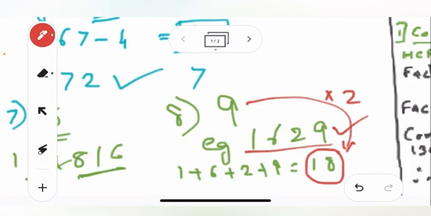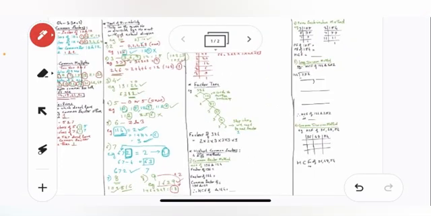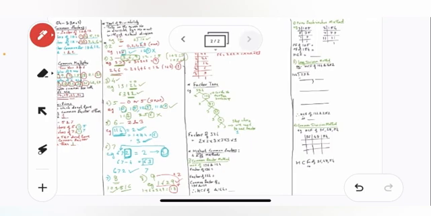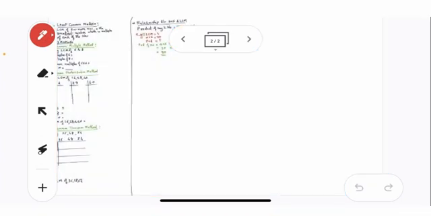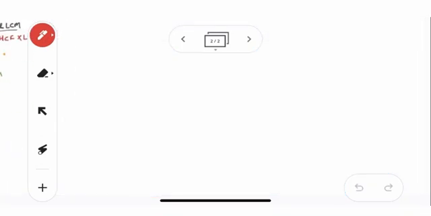Now the test for divisibility for 10. The test for 10 is very easy.